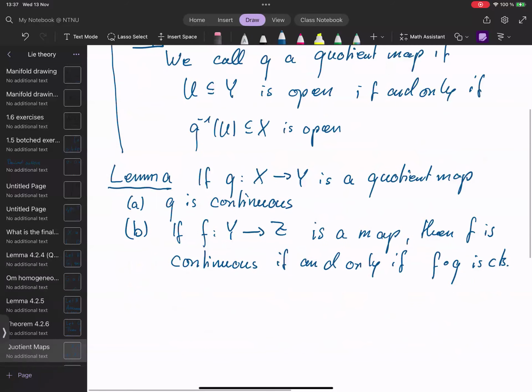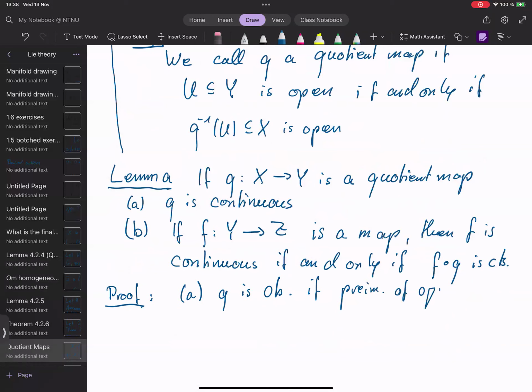Okay, so let's prove this. Well, part A is trivial because, recall, Q is continuous if preimages of open sets are open. And, well, this is true by definition of a quotient map.